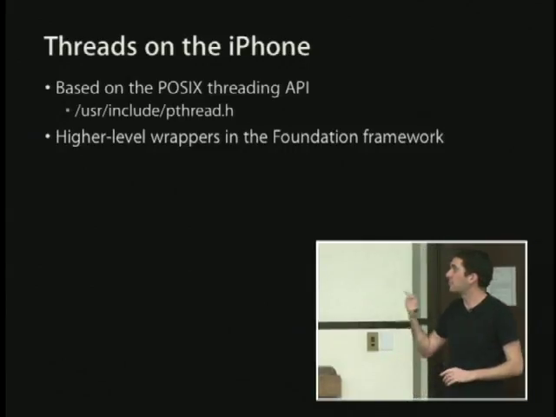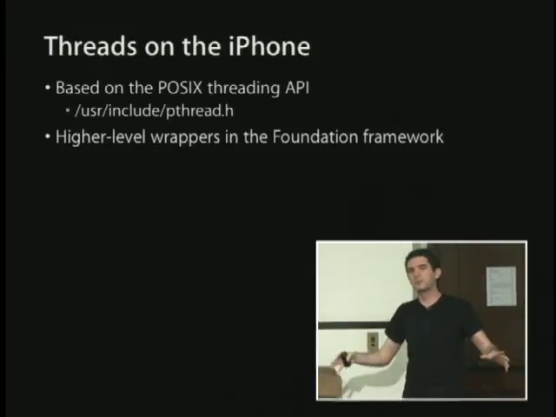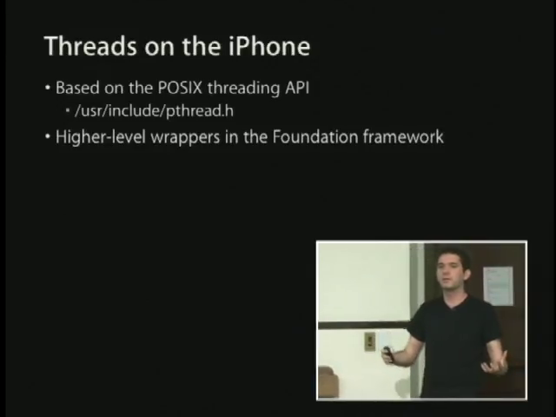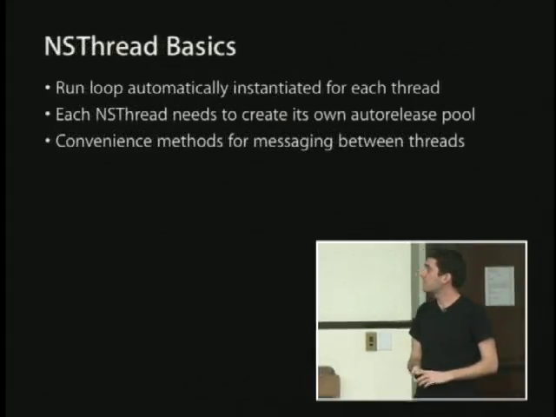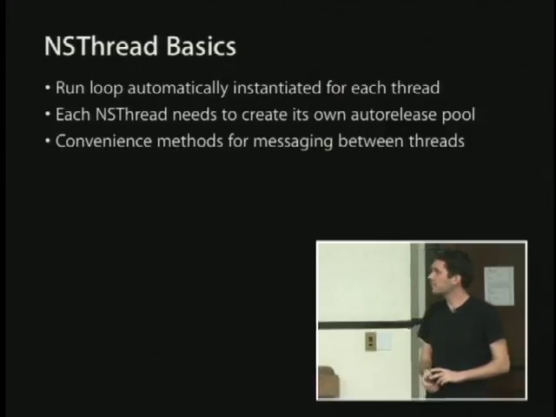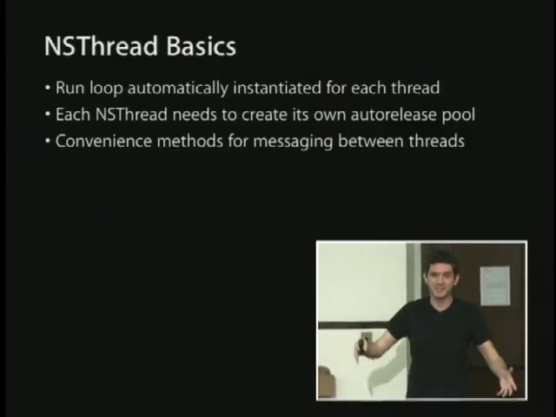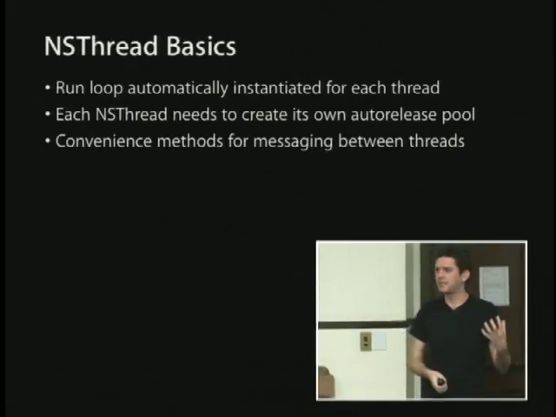There are some pretty nice wrappers around this implementation that are provided by Foundation. That's all object-oriented and lets you do threading with your objects really easily, actually. It's pretty great. So the class that controls a lot of this is NSThread. And there are even wrappers around this that make it even easier. But NSThread is the basic interface to all this stuff that you use through Foundation.